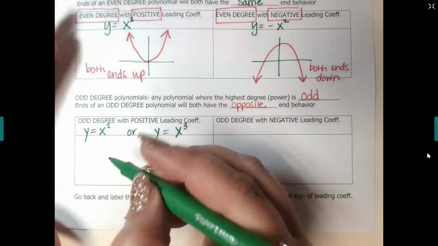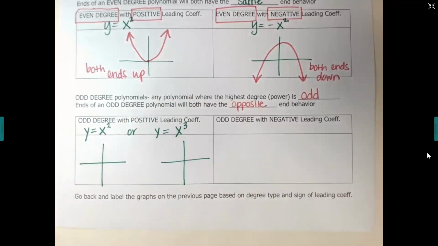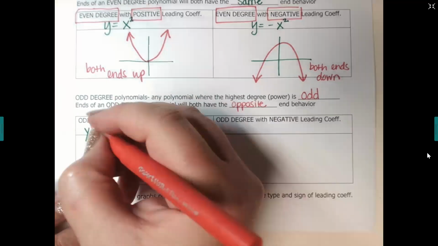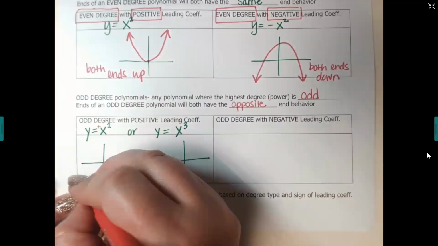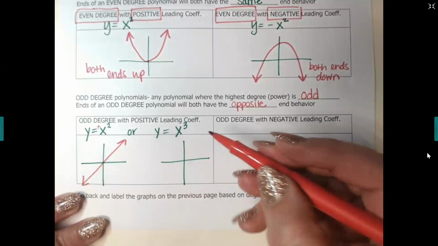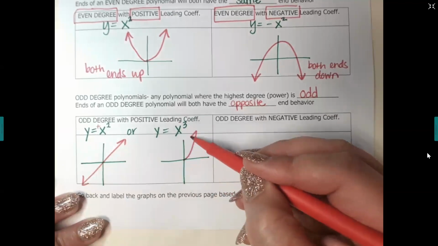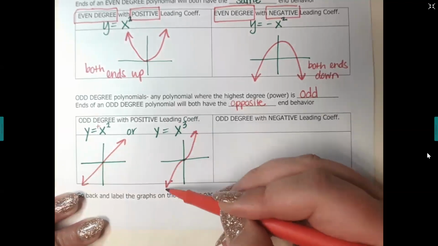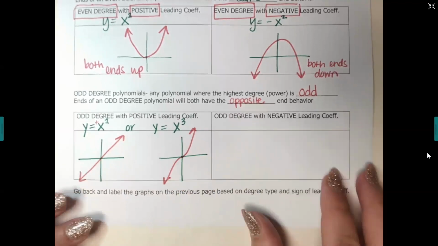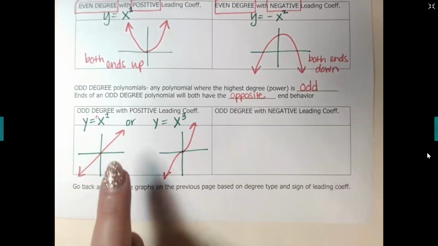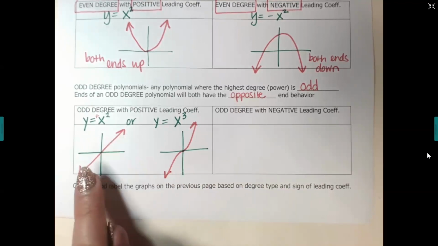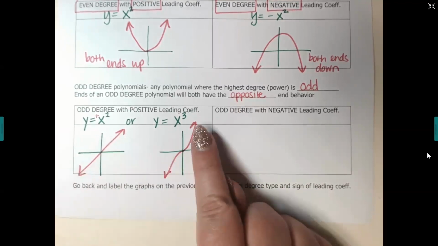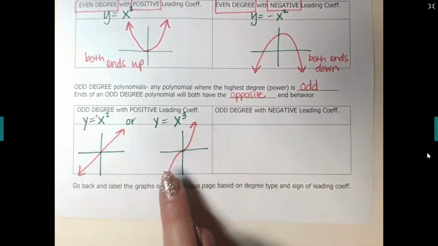Remember that y equals x is going to be a straight line graph going uphill, because it's like a positive x here, so it's uphill. And if it was x cubed, it's the kind of squiggly graph, but notice that it's also uphill. So you have one end pointed down, one end pointed up.